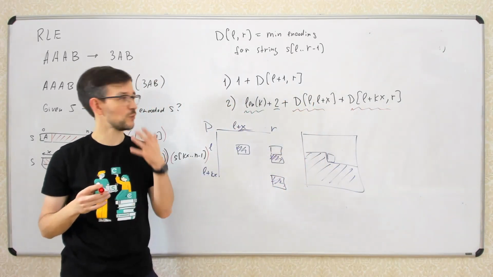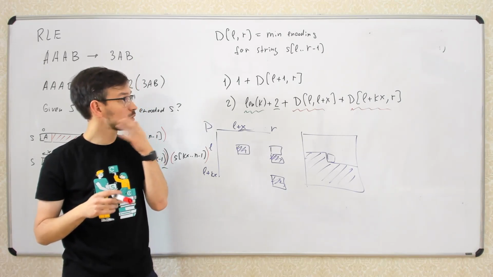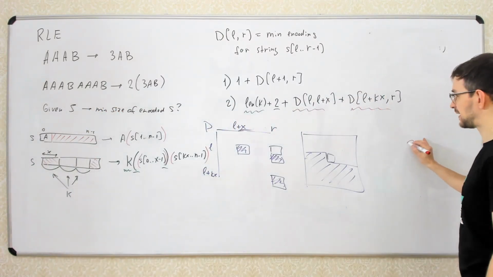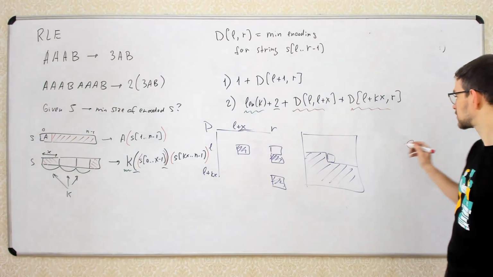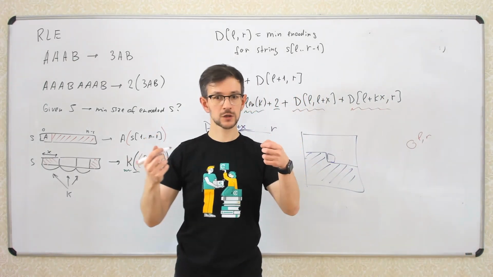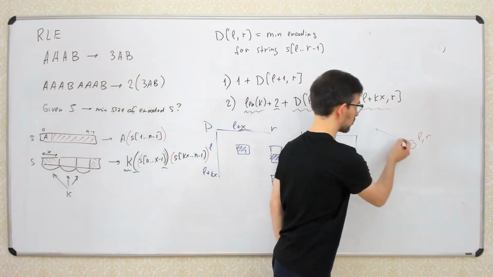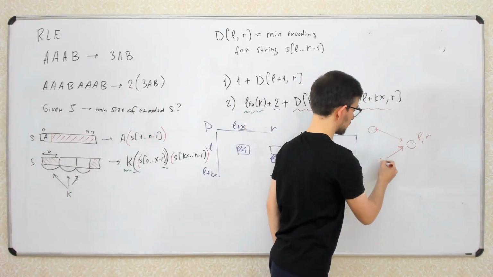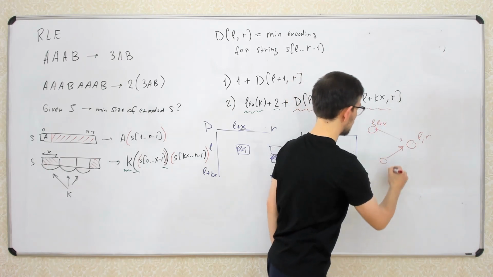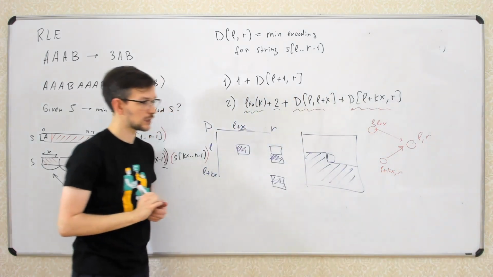That's the first time when it happened in our lectures. What does it mean? It means that your current state, so this is the state of your dynamic programming, like L and R, has two previous states. So when you need to calculate these states, you need to calculate two states before. And L plus X, something like that.